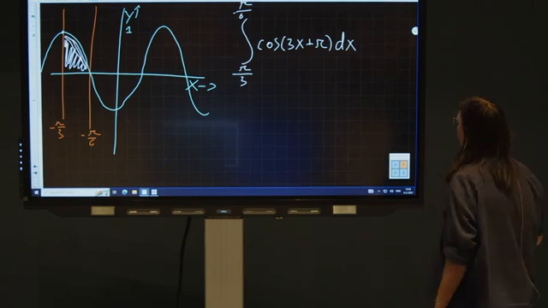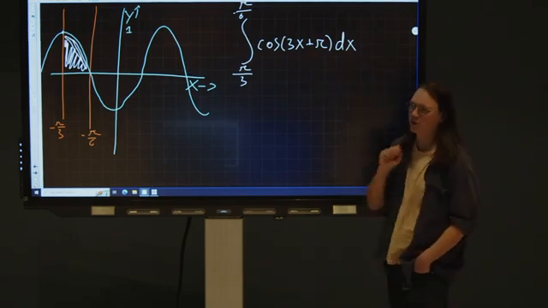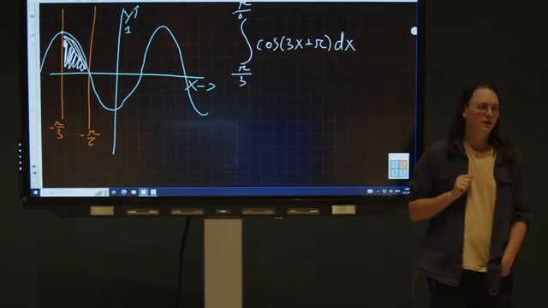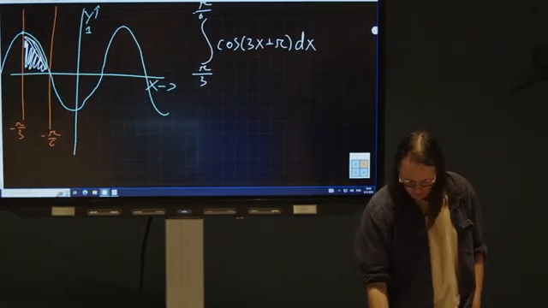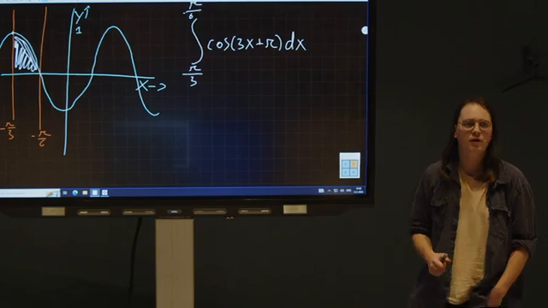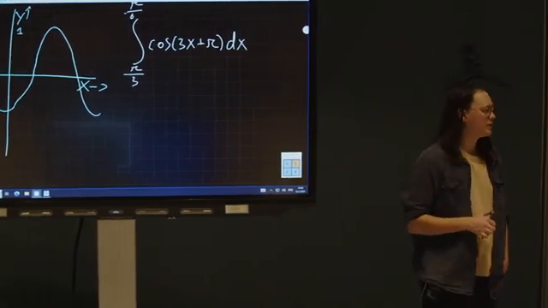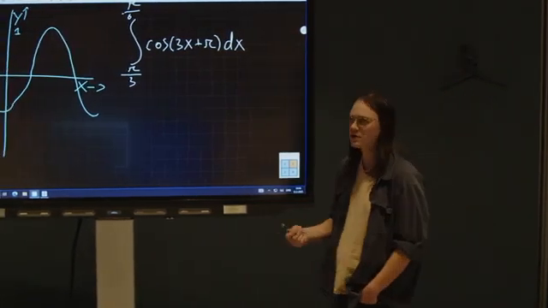Which means we have to find an antiderivative of this function, cosine of 3x plus pi. There are a bunch of antiderivatives on the formula sheet as well, the standard ones.